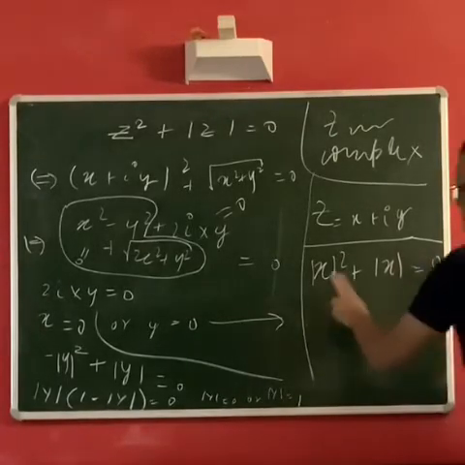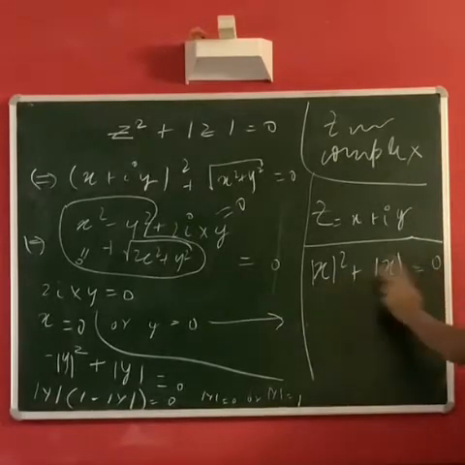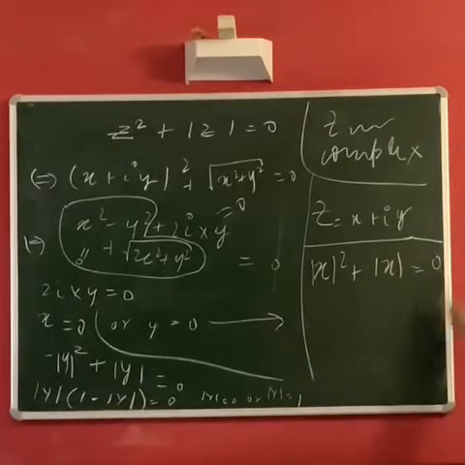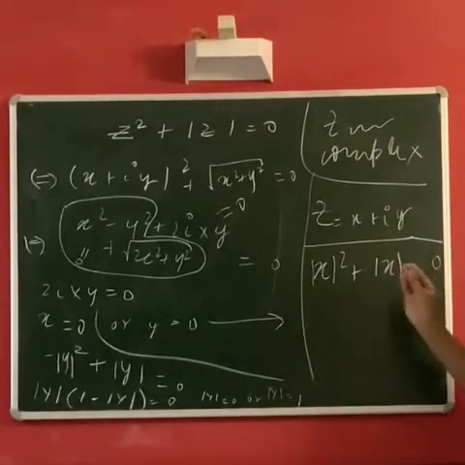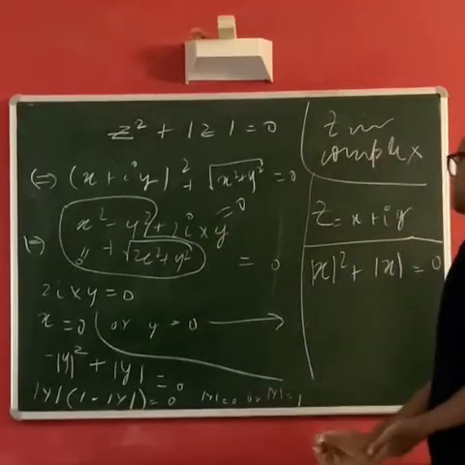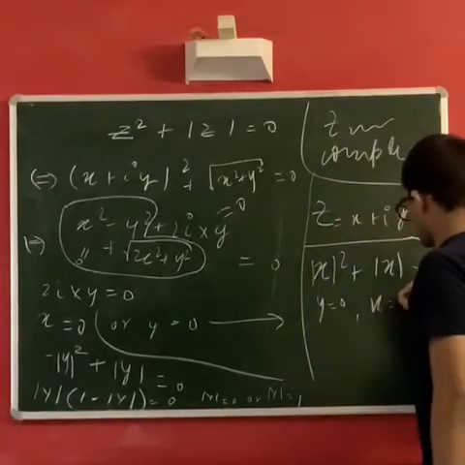You can easily notice that this is non-negative, this is non-negative, and the sum is 0. So for them to be equal, both of these must be 0, and for that to happen, mod x should be 0, which implies x must be 0. So if y is 0, then x must be 0.